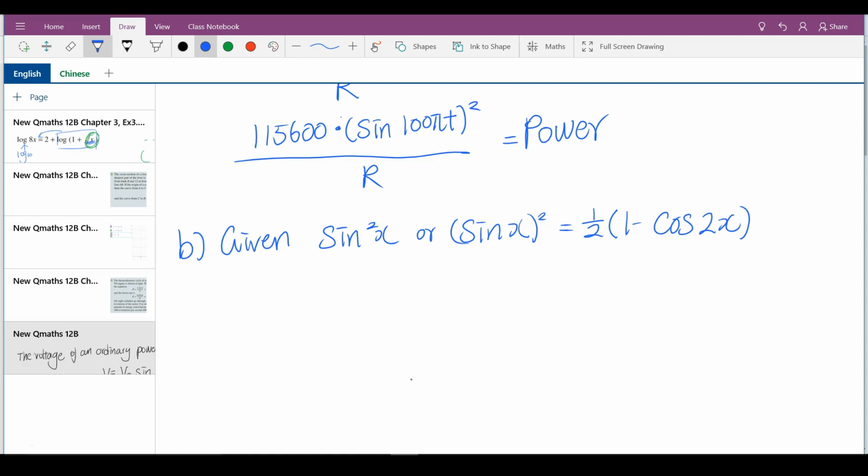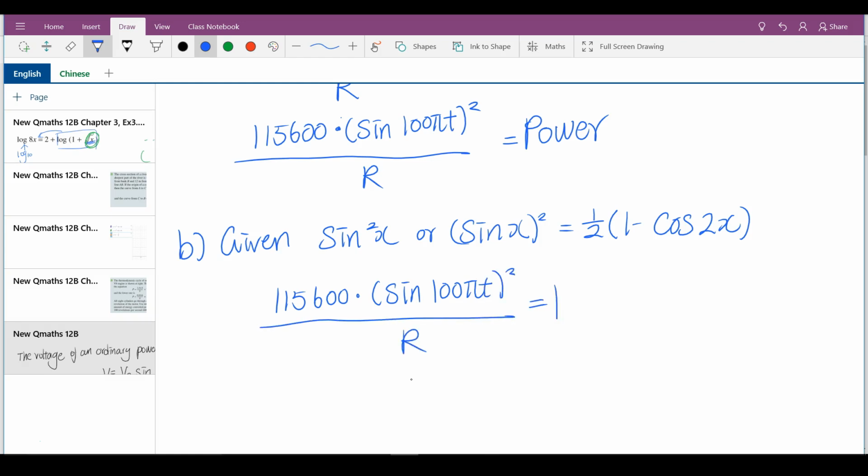So let's write down the equation from before, over R equal power.